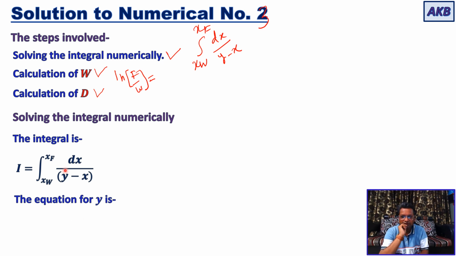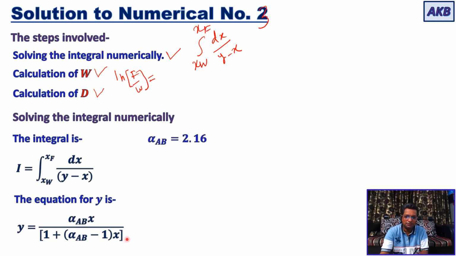First we will have to have the equation in terms of x. So for that we need to replace y, or we need to use the equation for y in terms of x. And what is the equation? The equation is y is equal to alpha ab x divided by 1 plus alpha ab minus 1 into x. Alpha ab is given to us, it is 2.16.